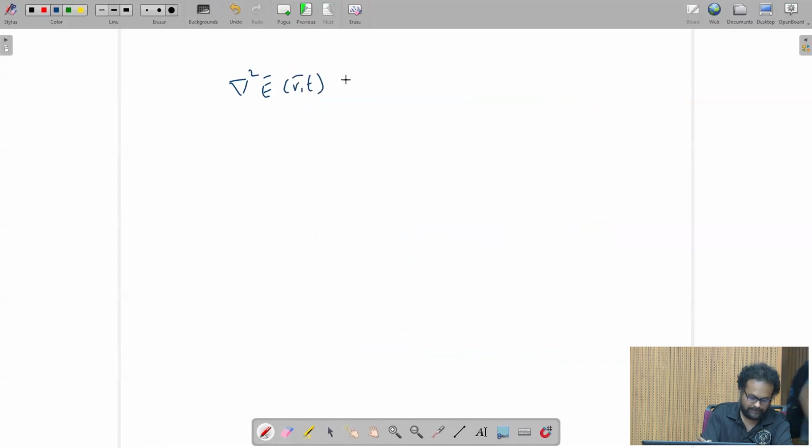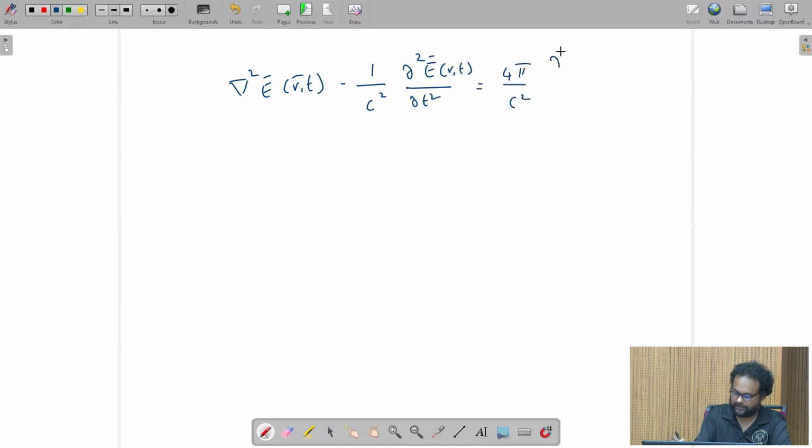I'm just writing this for the sake of completeness, as the fourth term in your wave equation. So it acts as a source term, driving the propagation of your electromagnetic wave in your material.